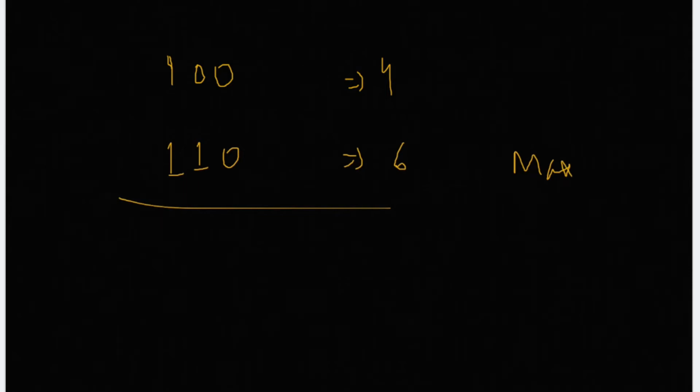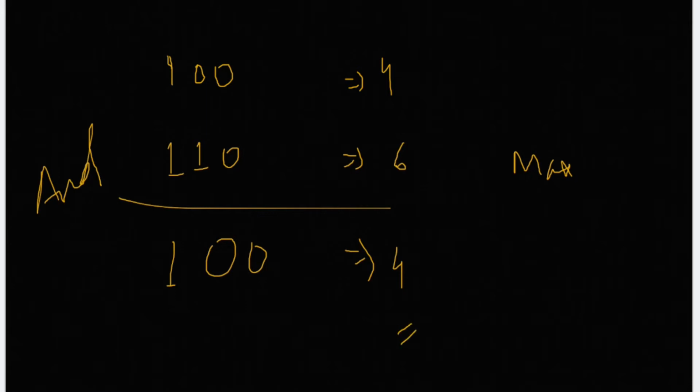So I know 0 and 0 make 0, and 1 and 0 also make 0, and 1 and 1 always make 1 in bitwise AND. So this equates to 4 yet again. So I see that if I were to take bitwise AND of two numbers, then my resultant answer will always be lesser than or equal to my maximum value.